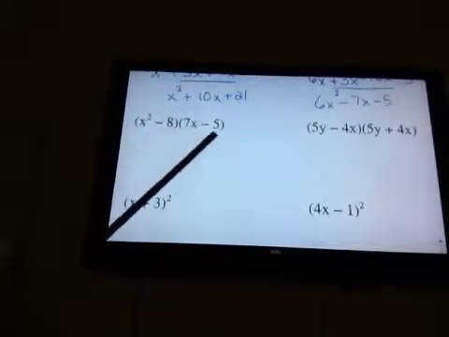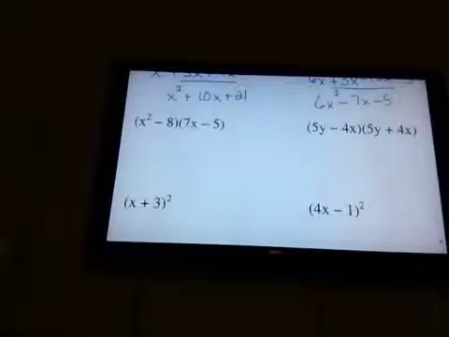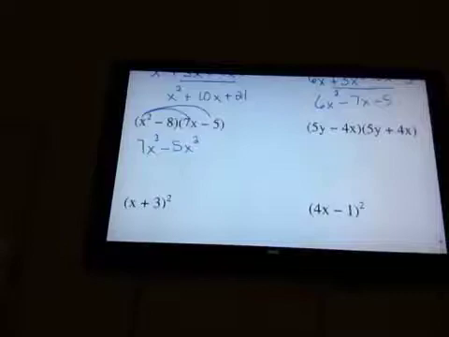Two terms, FOIL. First times first, x squared times 7x, 7x to the third power. x squared times negative 5, negative 5x squared. Inner times inner, negative 8 times positive 7x, negative 56x.